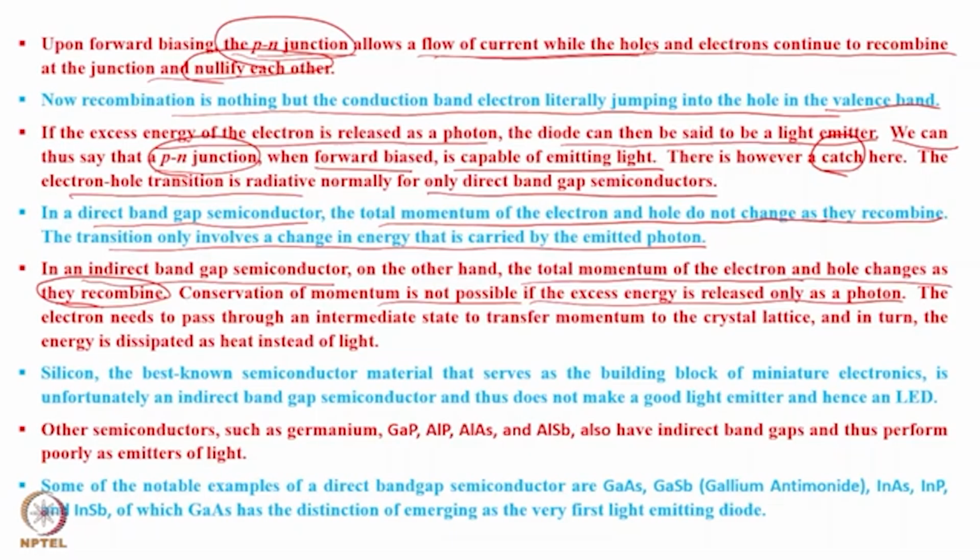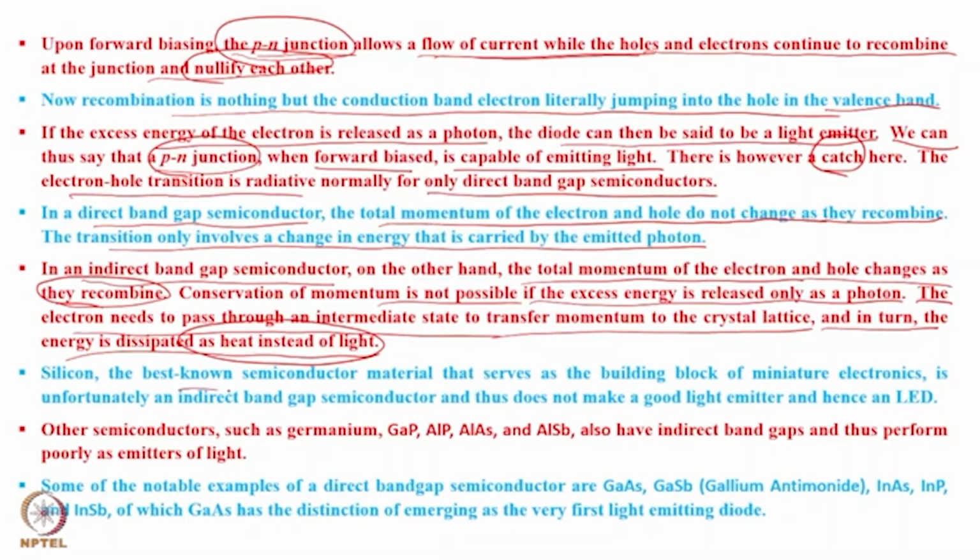The electron needs to pass through an intermediate state to transfer momentum to the crystal lattice, and in turn the energy is dissipated as heat instead of light. So in an indirect band gap semiconductor, creation of light is not possible because it would violate the conservation of momentum.